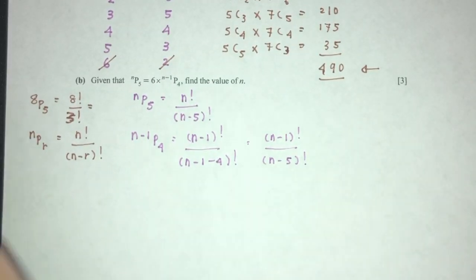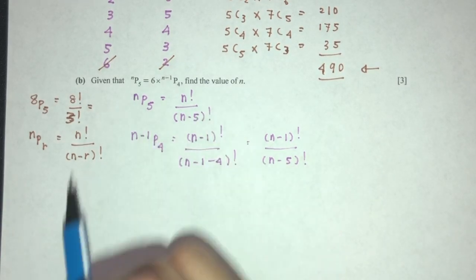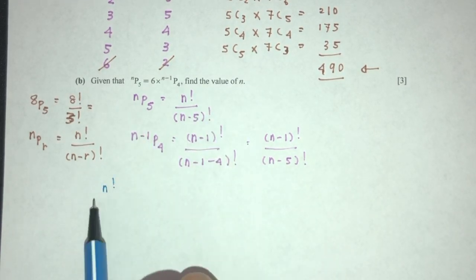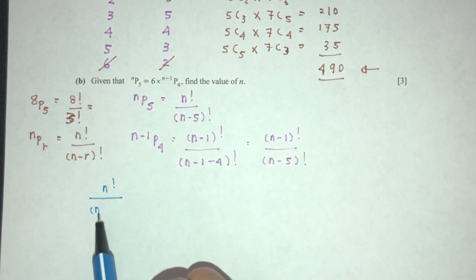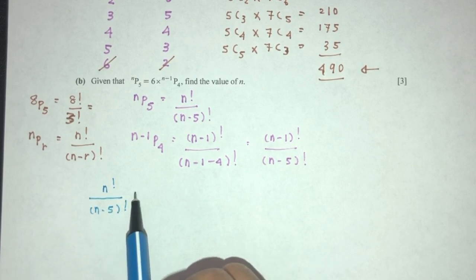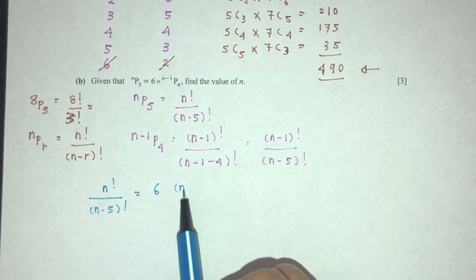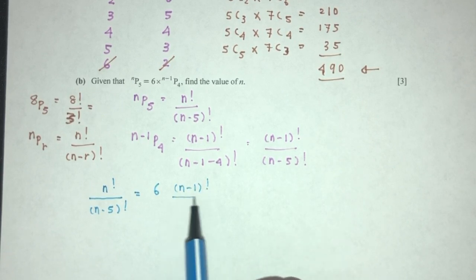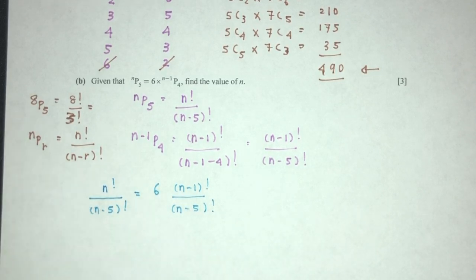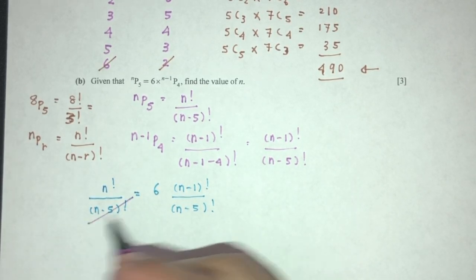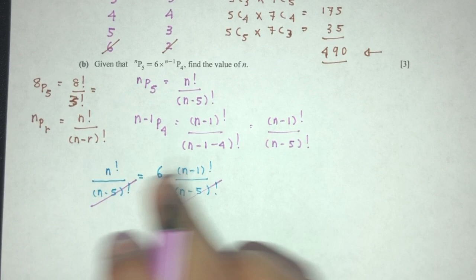Now just replace everything back in the equation. On this side you will have n factorial over n minus 5 factorial is equal to 6 times n minus 1 factorial over n minus 5 factorial. So these two will cancel out, and you will have n factorial equals 6 times n minus 1 factorial.